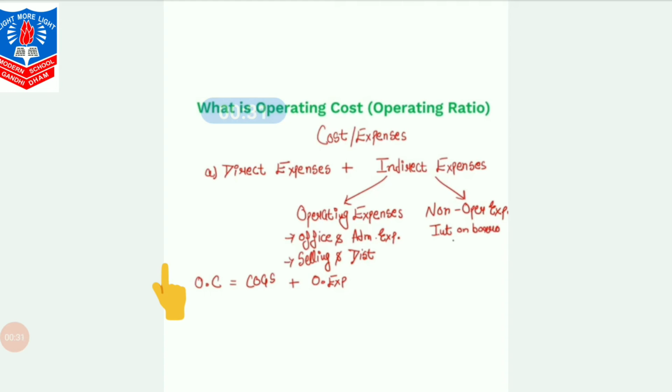Only you have to understand one thin line here. Operating expenses do not include operating incomes like interest received, dividend received, profit on sale of assets. These are not included in it. Even interest paid and loss on sale of assets are not included.